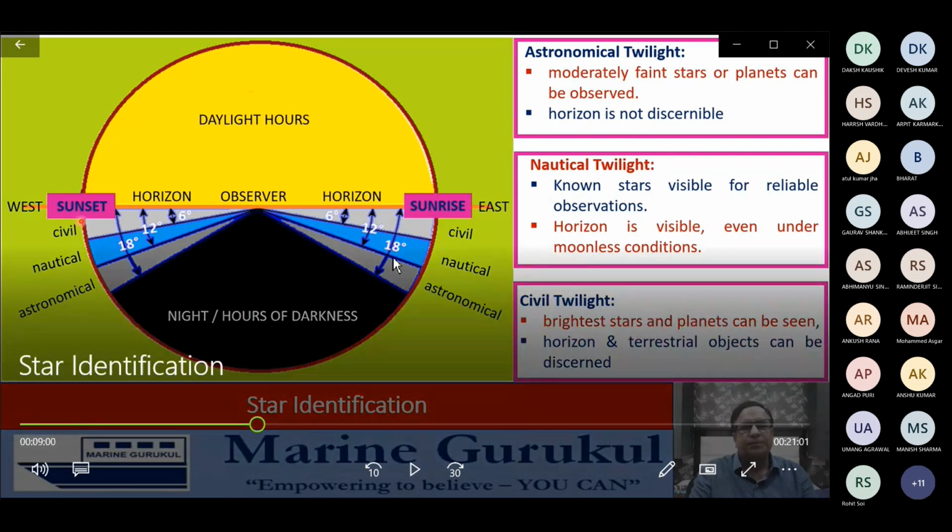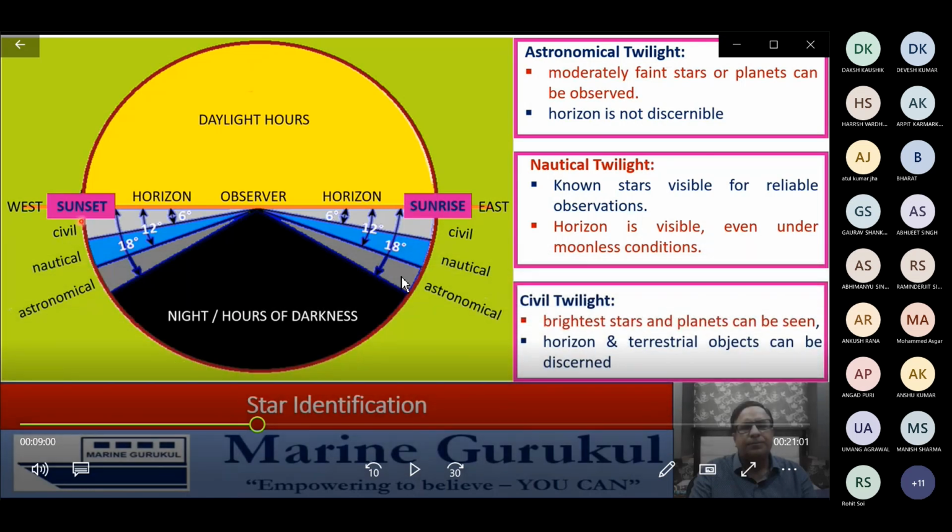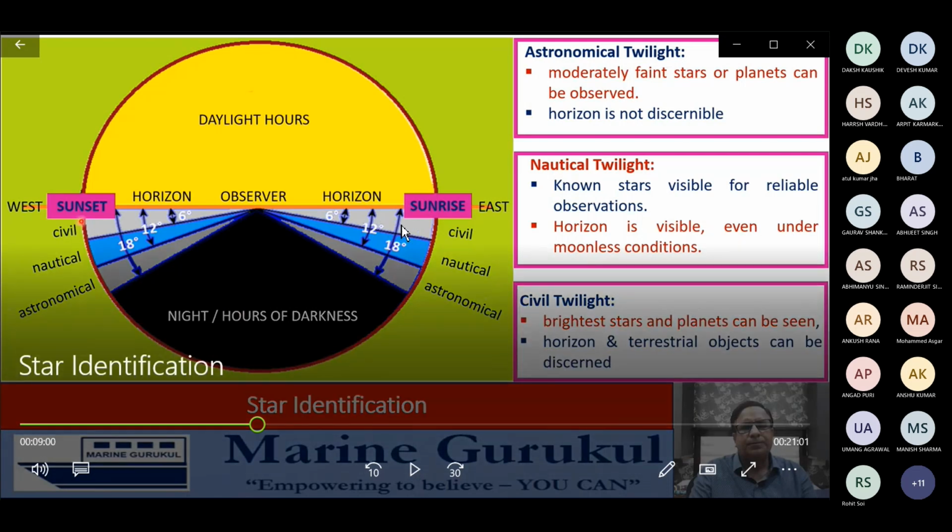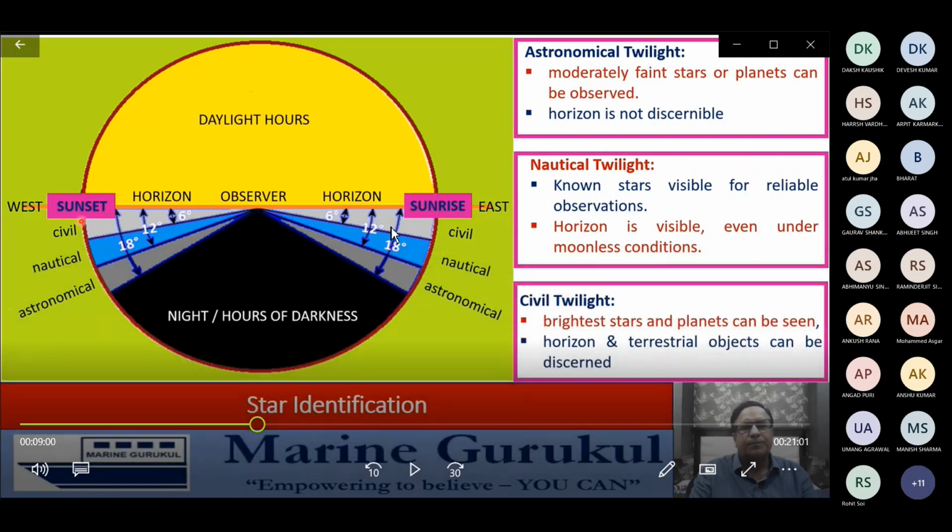This blue shaded portion is the most suitable time for taking sights, because in the dark gray portion the sun is more than 12 degrees below, and the light is very faint and dim and you cannot see the horizon. And in the light gray portion the light is so bright that the celestial bodies start to disappear.